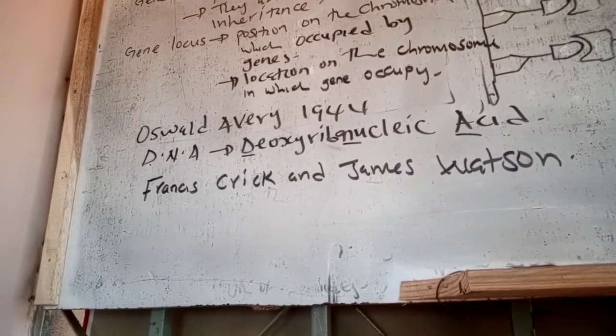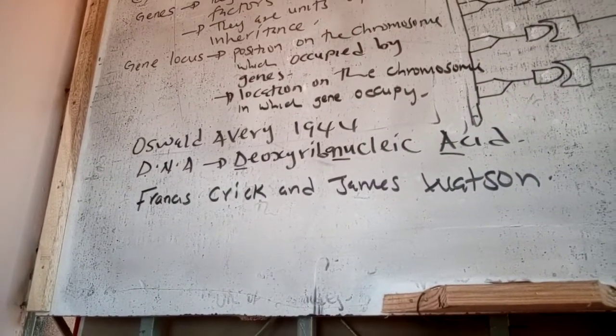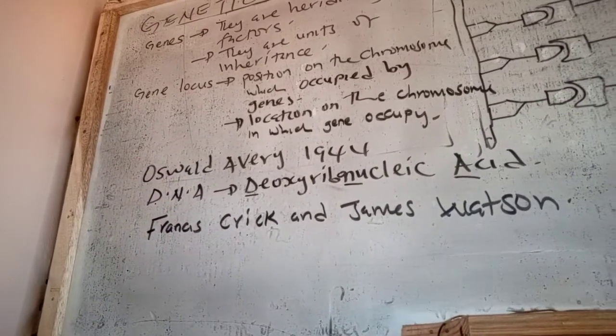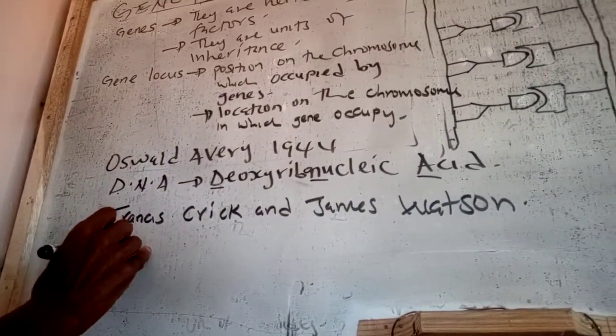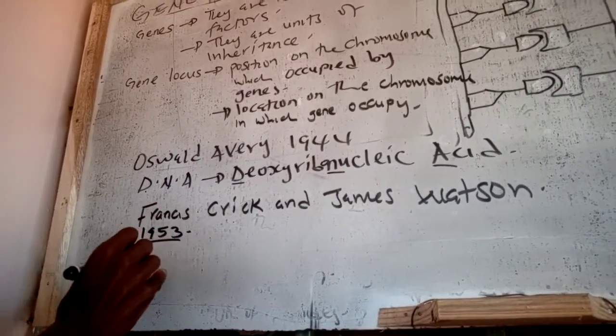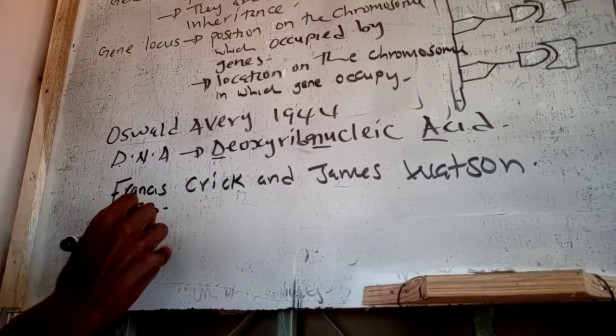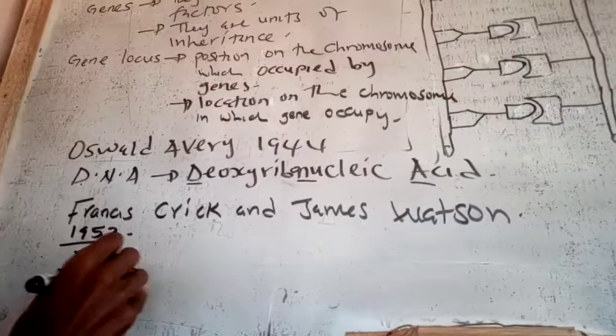Actually, the first one is 5 carbon sugar. The second one is the phosphate molecule. That is, in 1953, they found that DNA is made up of three structures.